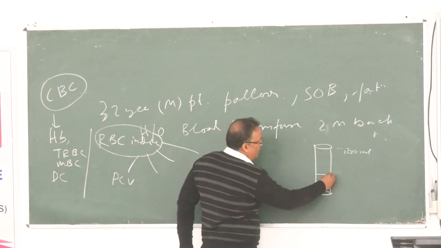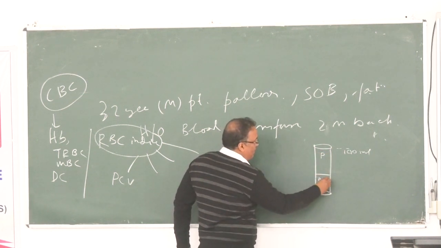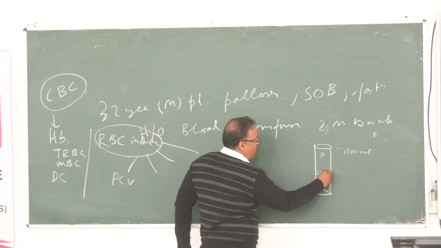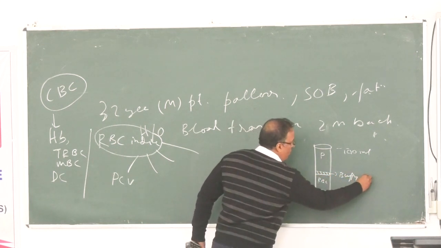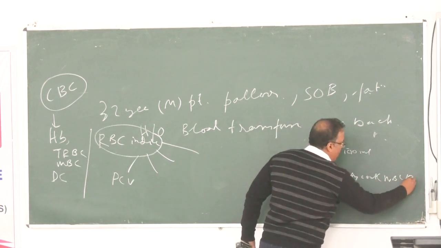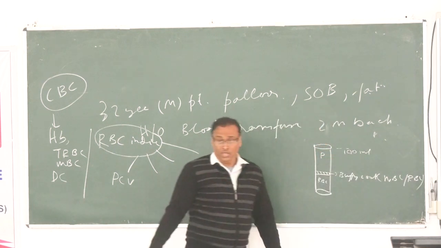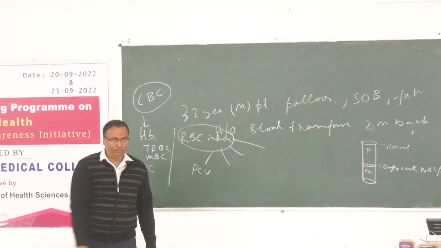It separates, with plasma here and RBC here. But in the meantime, there will be a buffy coat. This is called buffy coat, the presence of WBC and platelets. It will come after the centrifugation.